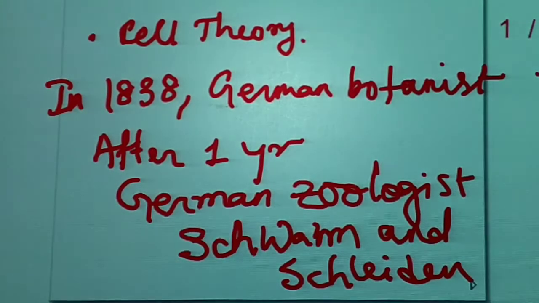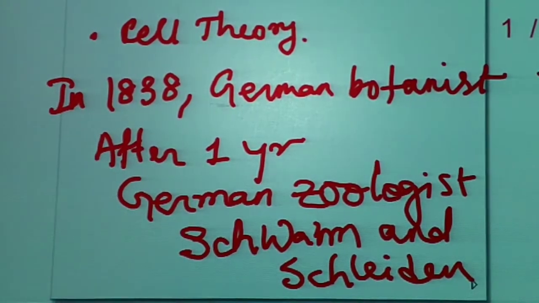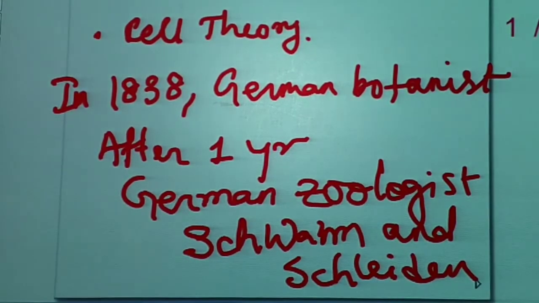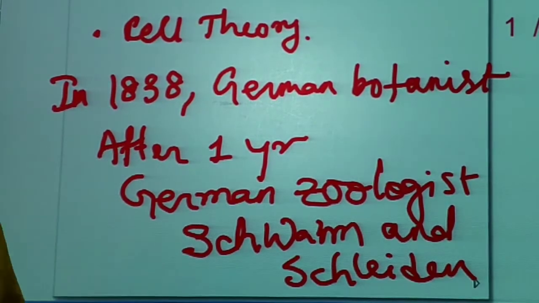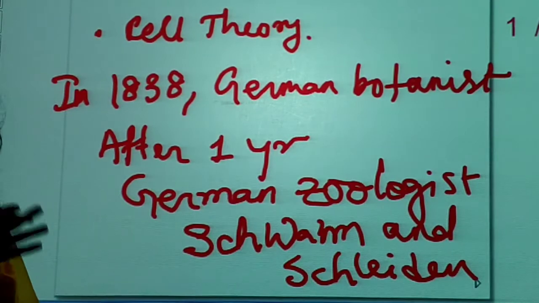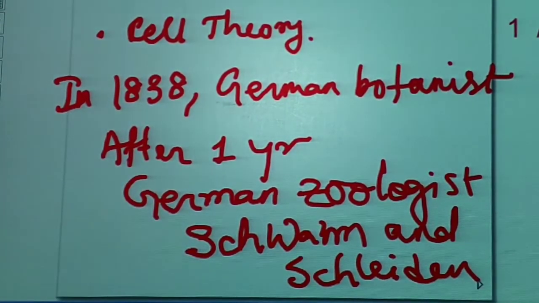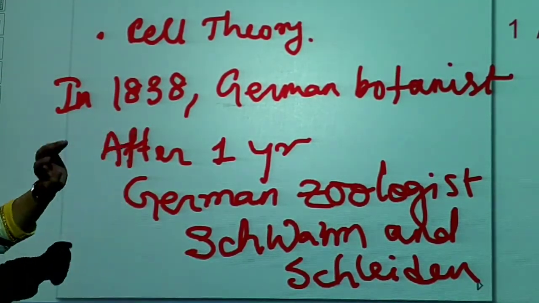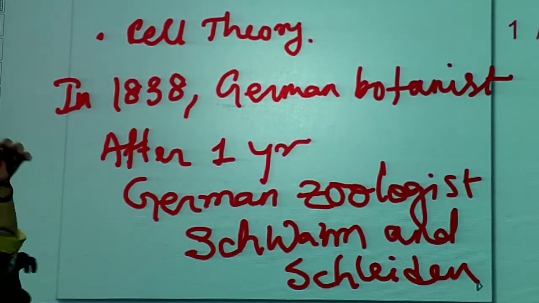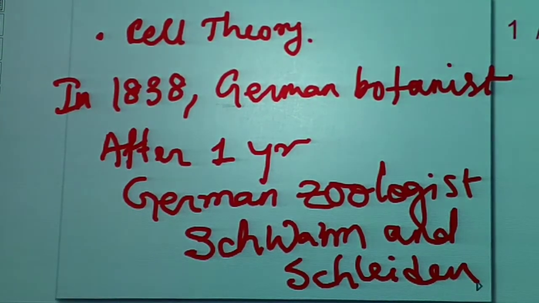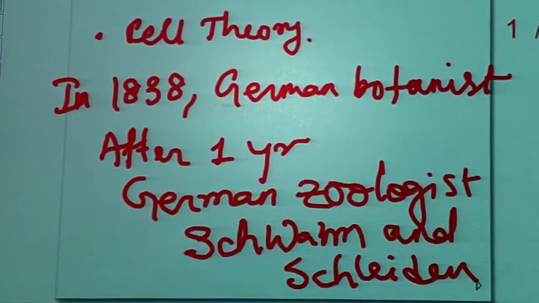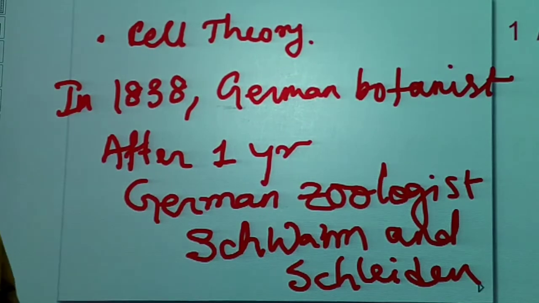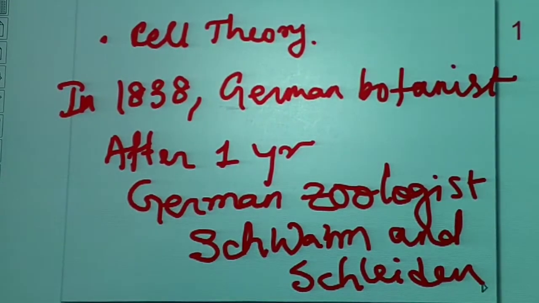This theory states that the structural unit of a living organism is the cell, and the functional unit of a living organism is the cell. And every new cell is formed from a pre-existing cell. That is all about cell theory, nothing more than that. Around 1838 and 1839 this theory came, and it is named the Schwann and Schleiden theory, which states that the structural and functional unit of life is the cell.